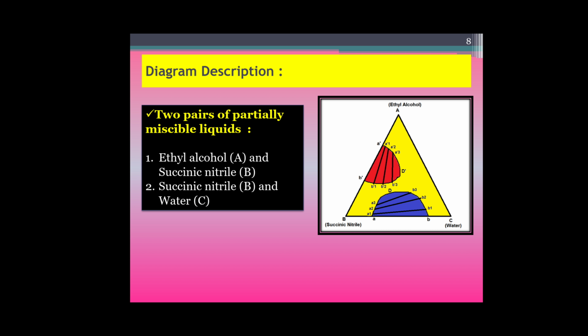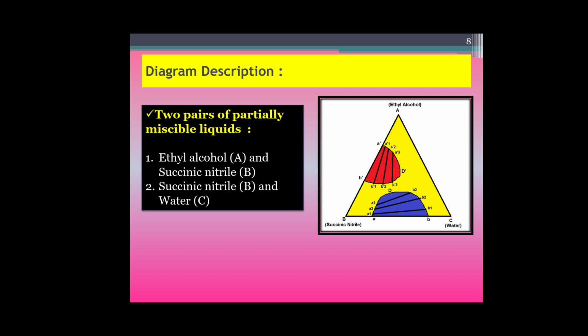The first pair is ethyl alcohol and succinic nitrile, means A and B. These A and B liquids are partially soluble with each other.